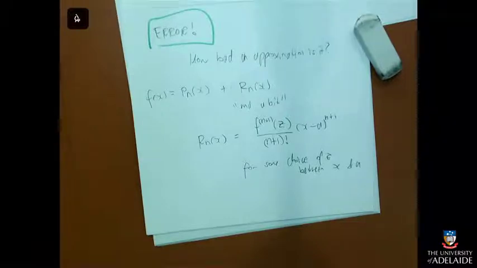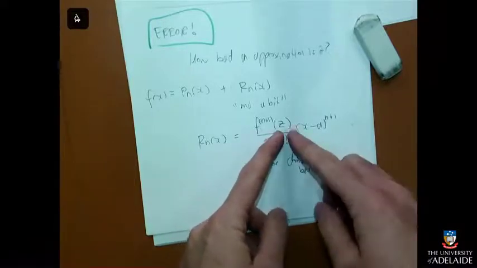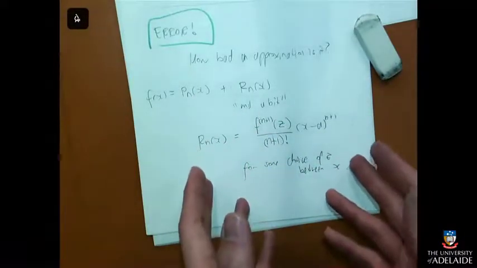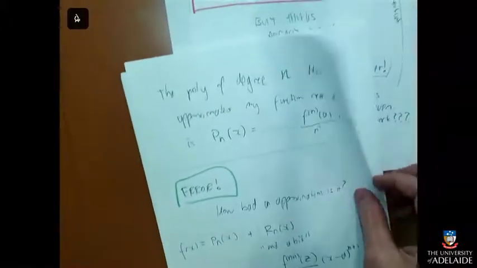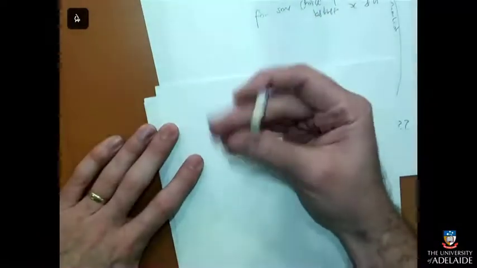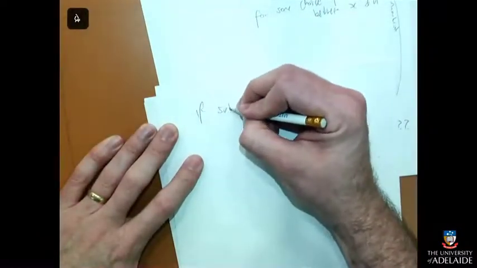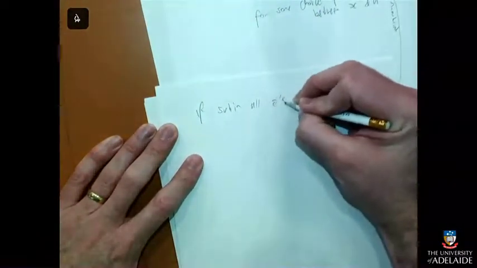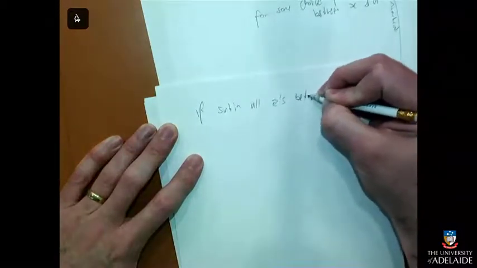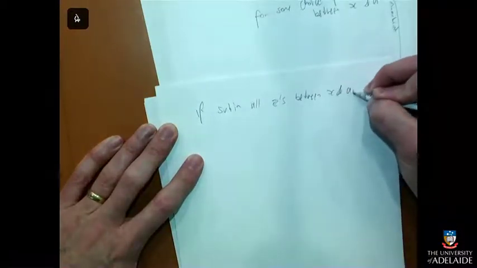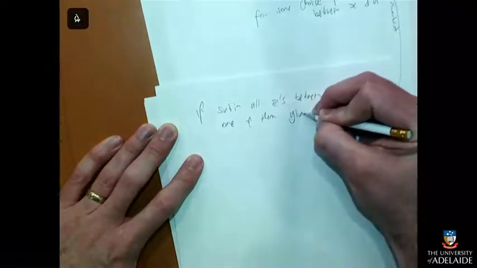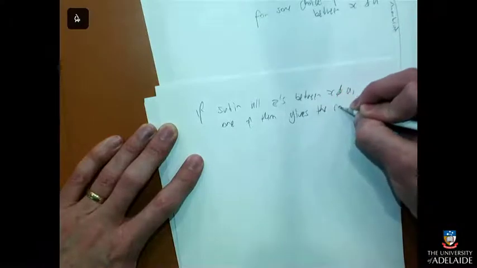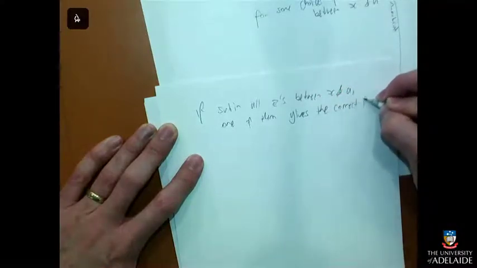And so what I do is I go, all right, well, I know that if I put in all the numbers between x and a, one of them is the correct answer for the error. So out of all of those possibilities, if you sub in all z's between x and a, one of them gives the correct R_n(x).